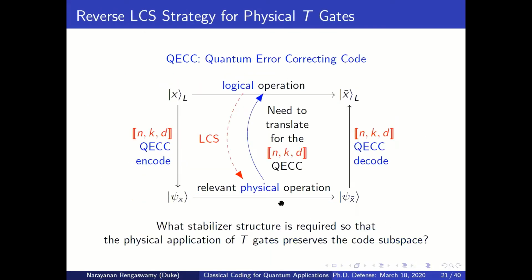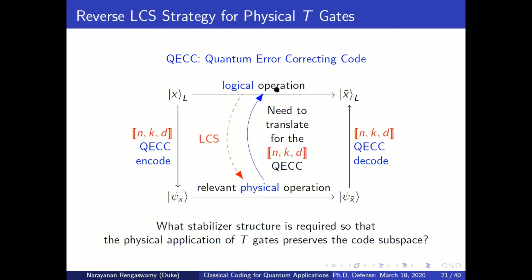So what we're doing here is sort of reversing our LCS strategy. For LCS, we took a logical operation, and then we used the LCS algorithm to translate it to a physical operation in the lab. Now for non-Cliffords, we find this a little hard to do. So we reverse the strategy. We fix a physical operation that we want to do in the lab, and we ask, how should I design my code so that it actually induces a logical operation?